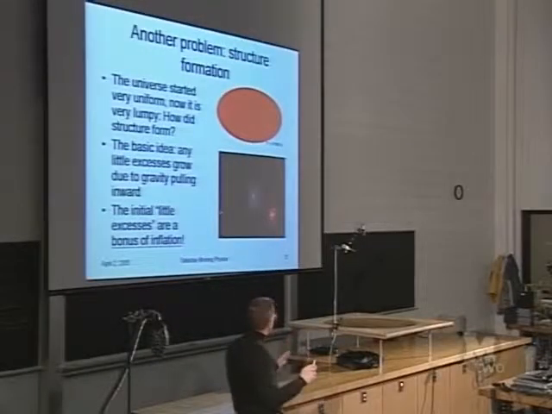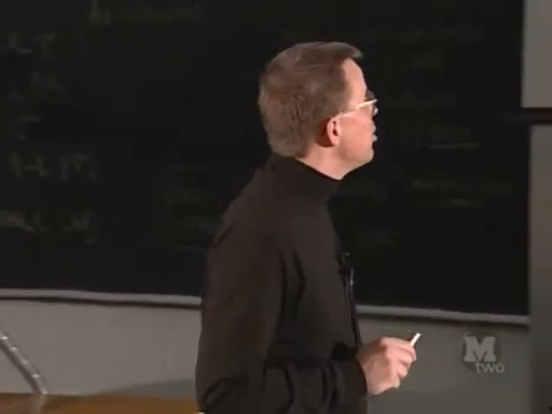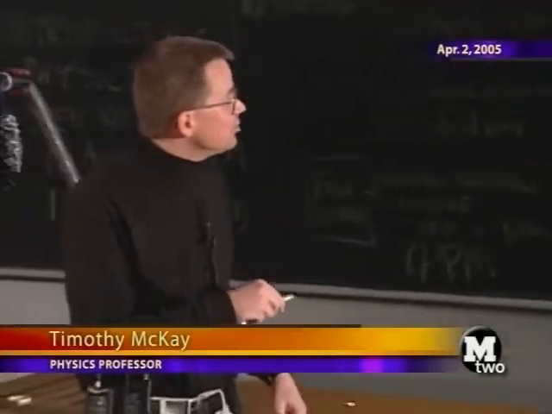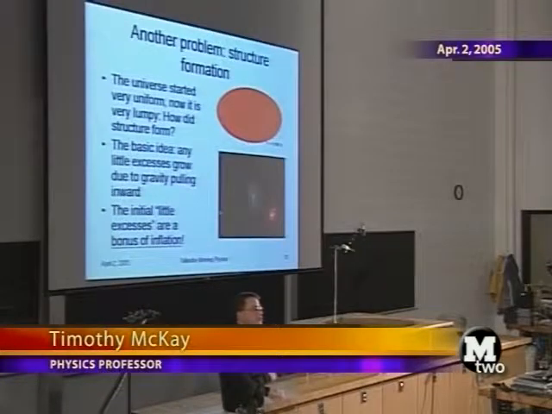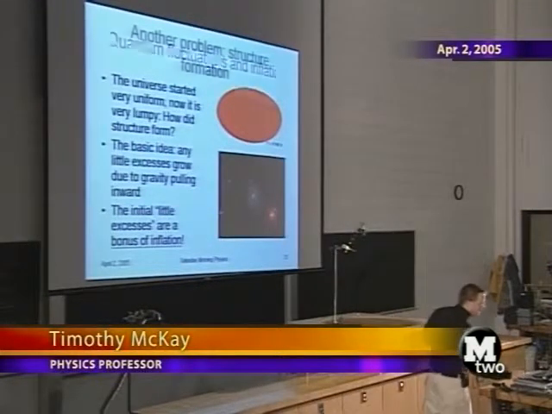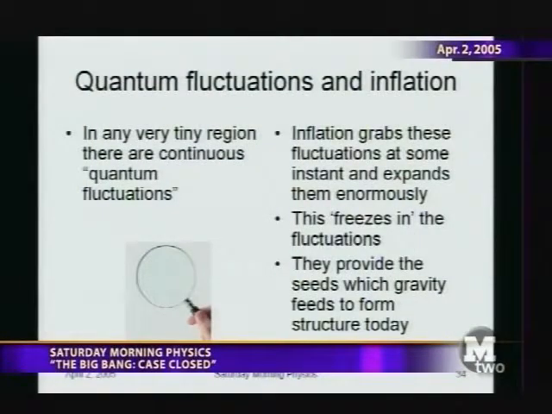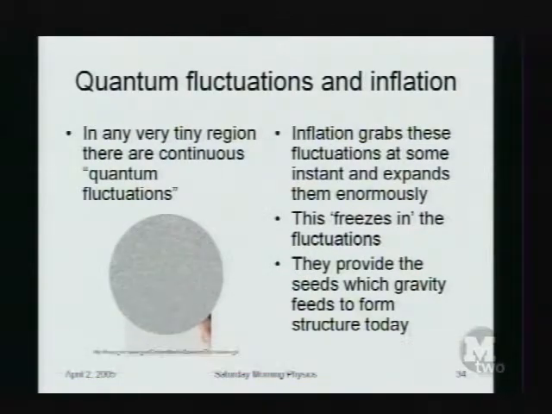That's a hand-wavy picture. We need to turn it into real theory. Now, one nice thing about that inflation theory is that it gives us, as a bonus, a source for those little initial fluctuations. All right, so let me tell you quickly about that. The idea is that if you look on tiny scales at the universe, what you will see is that the universe is filled with these things called quantum fluctuations, little bubbling in the vacuum that changes all the time.